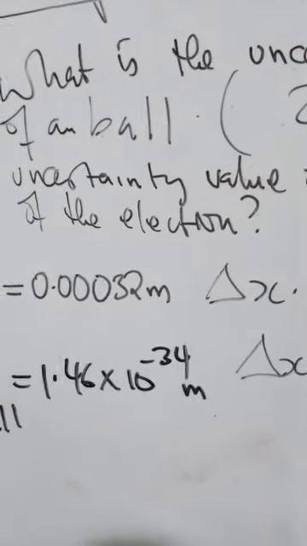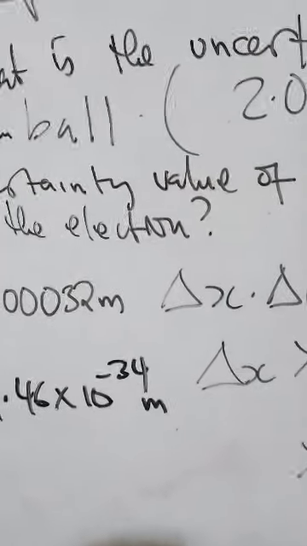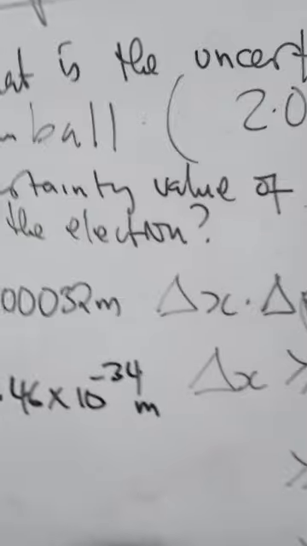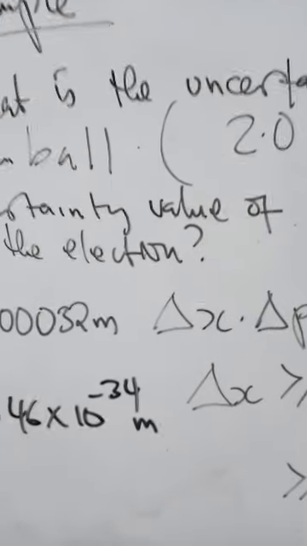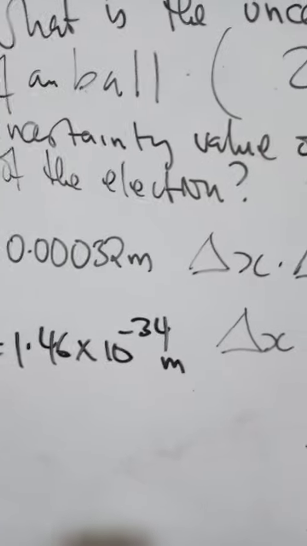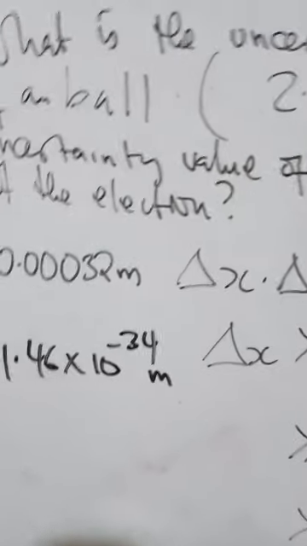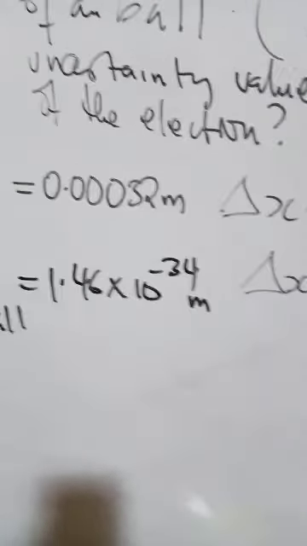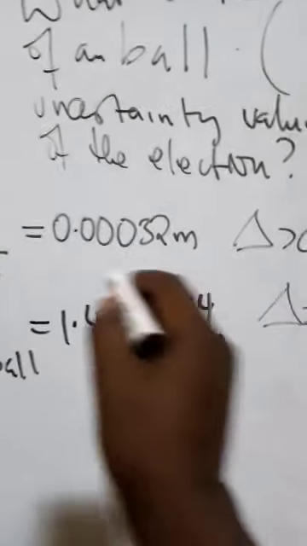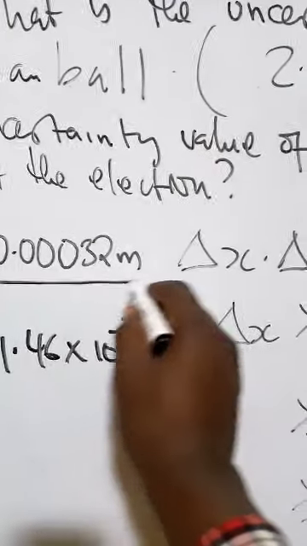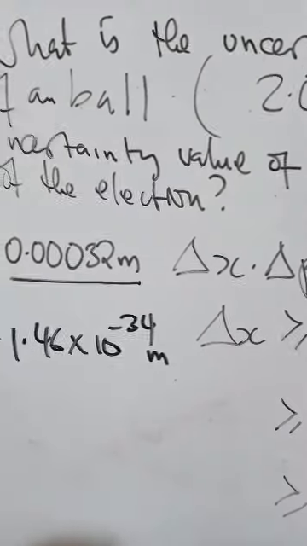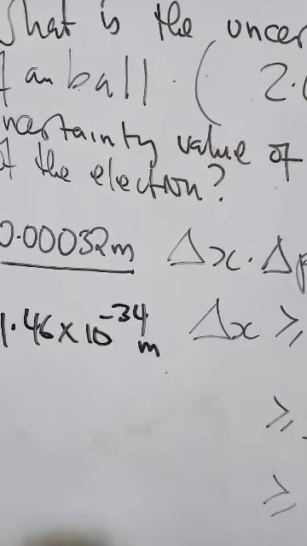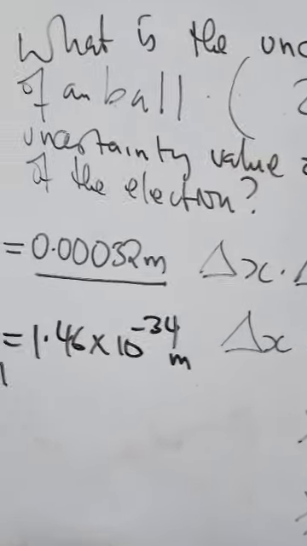So that is why we have indicated earlier to say that this limitation is so small for large particles such as a baseball or a cricket ball that it is unnoticed. But for smaller particles, the limitation is quite important. It becomes quite important for smaller particles such as an electron or a photon.